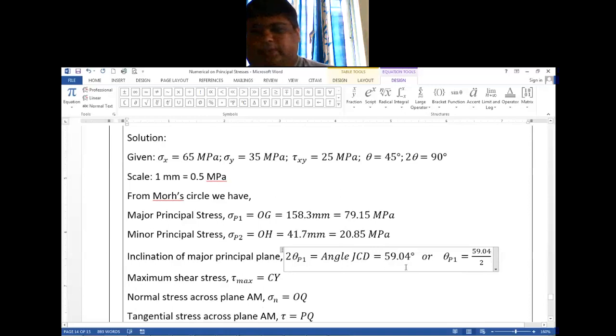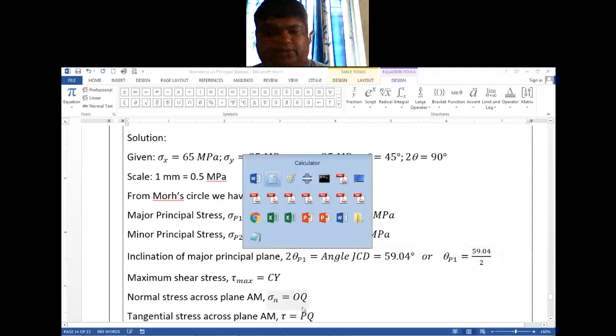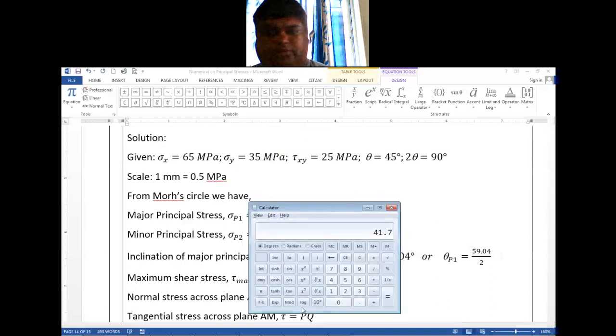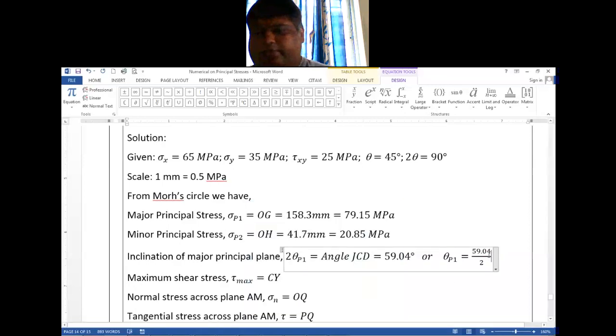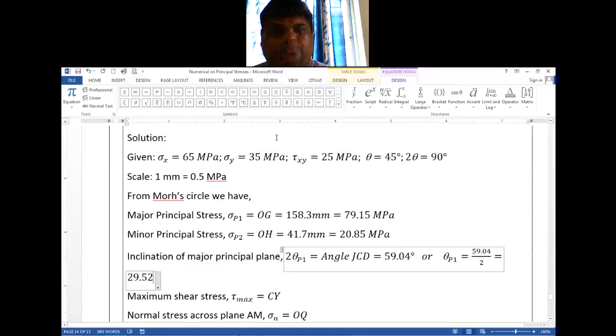Some students scale the angle also. So since this is 2 theta p, I am finding theta p by dividing it by 2. 59.04 by 2, 29.52.